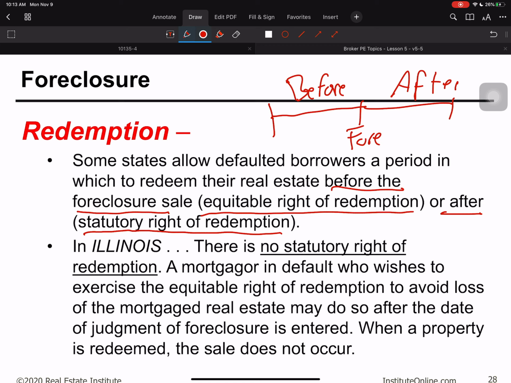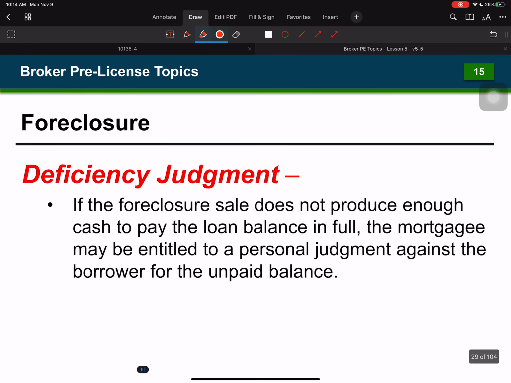If it's before, we have the equitable right of redemption. If it's after, we have the statutory right of redemption. Remember, statutory meaning laws, courts, things of that nature. In Illinois, there is no statutory right of redemption. A mortgagor in default who wishes to exercise the equitable right of redemption to avoid loss of the mortgaged real estate may do so until the date a judgment of foreclosure is entered. When a property is redeemed, the sale does not occur.